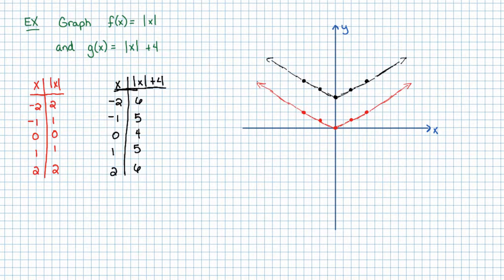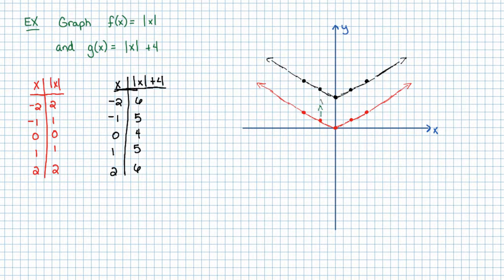As you can see, I plotted in red all the values for f of x equals the absolute value of x, and in black I've plotted all the values for g of x, which equals absolute value of x plus 4. And I can see that essentially what happened here is that all the outputs got lifted up by 4 points.